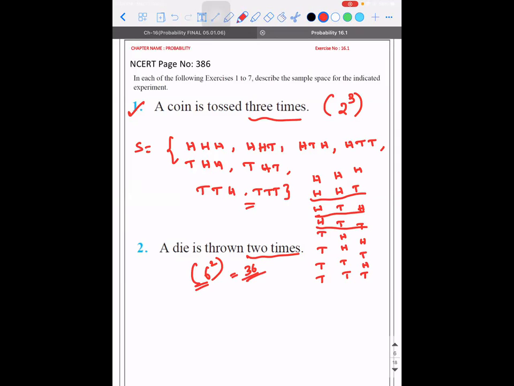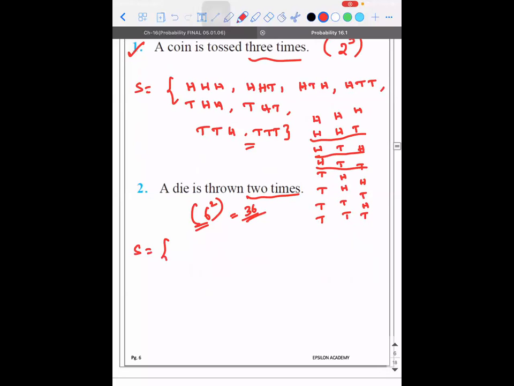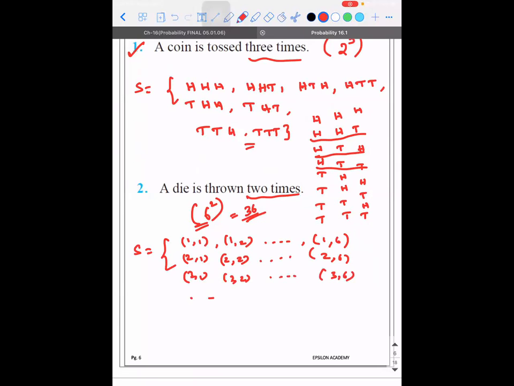You know how to write it: 1,1; 1,2; 1,3 till 1,6; 2,1; 2,2 till 2,6; 3,1; 3,2, so on till 3,6. It keeps on going till 6,6. Right?